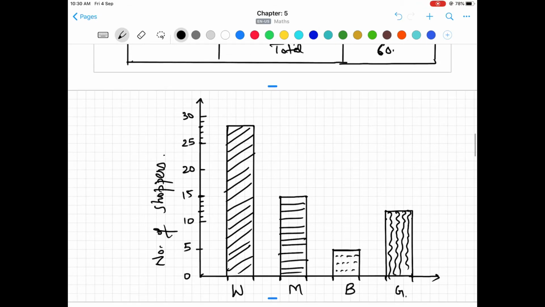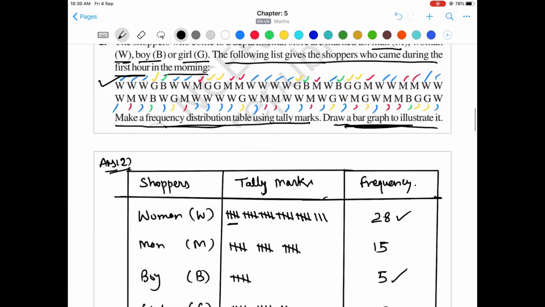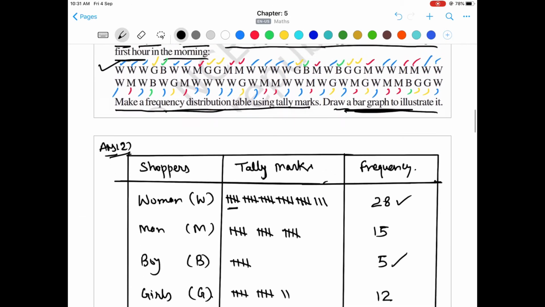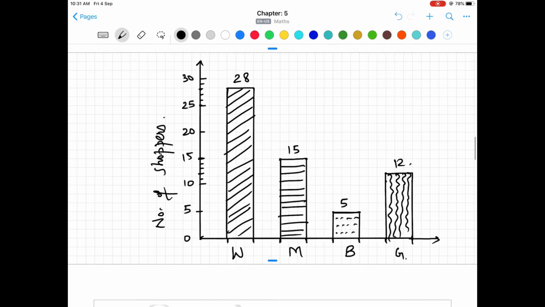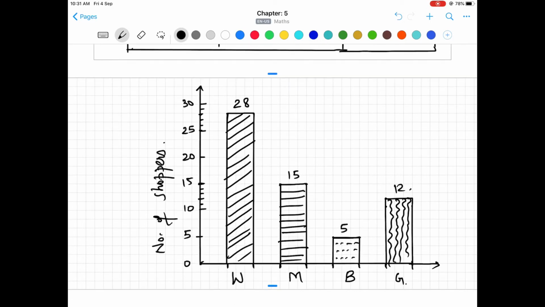Okay, let's write the numbers here. This one is 28, this one is 15, this one is 5, and this one is 12. So that's how we represent any given data in the form of a frequency distribution table, and from that we can represent data using a bar graph. Okay, so that's the answer to question number 2.